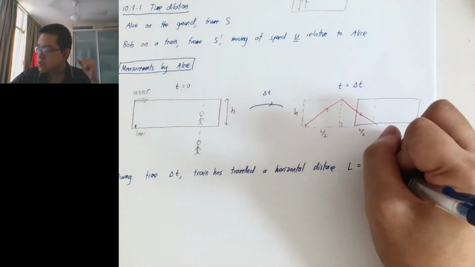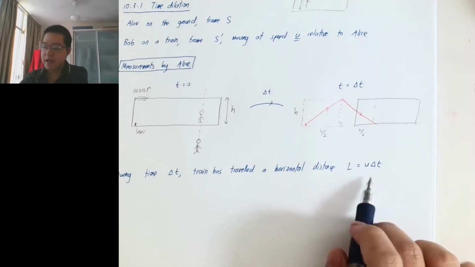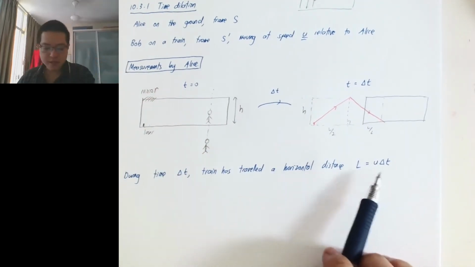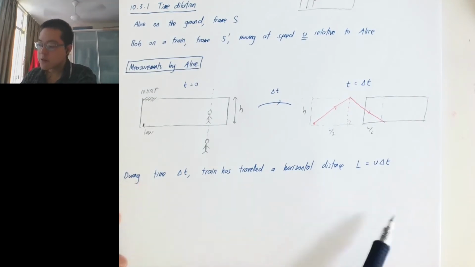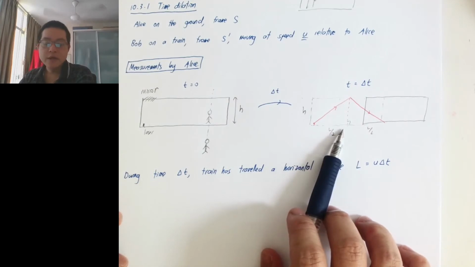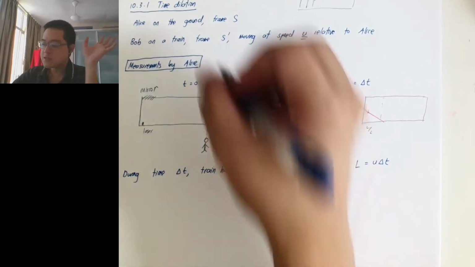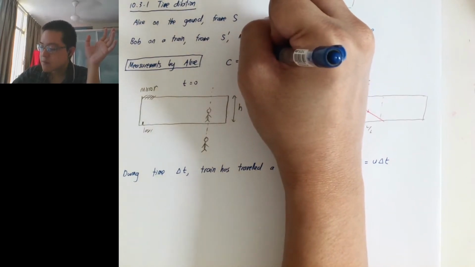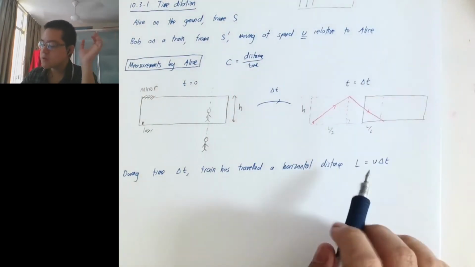So L is u times the time interval. Everything here is measured using Alice's coordinate system. So L is u delta t. This is the formula for L, but I want to calculate the speed of light. So the speed of light is the distance traveled over time.